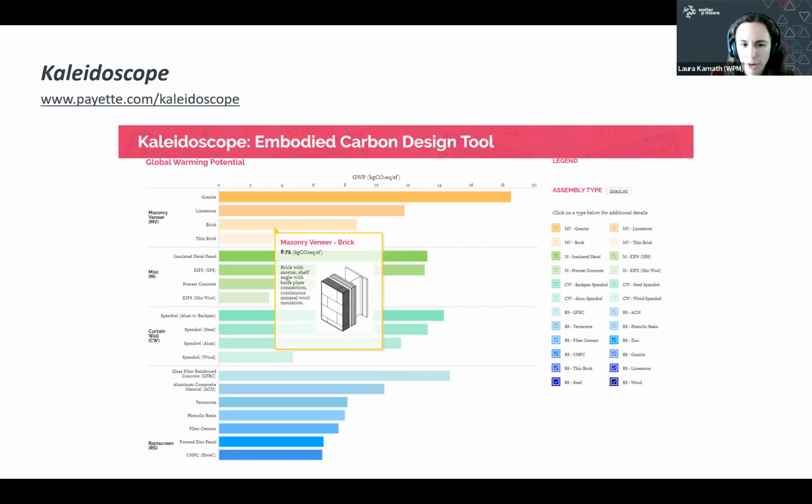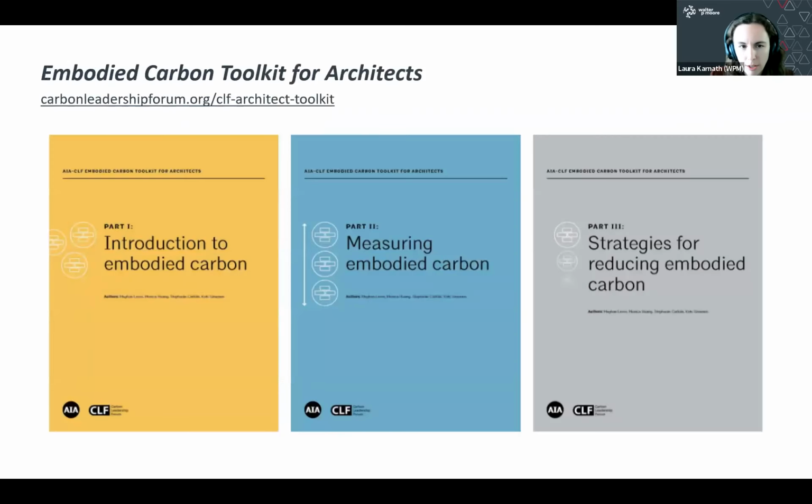So this one's a really great resource to do quick comparisons or just to get a general sense of how different systems stack up against each other. If you're doing it for a project, it's really ideal to actually do the LCA to understand what you're specifying and the way that you're using it, what environmental impacts will actually come out of that.